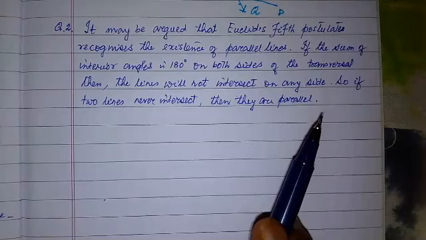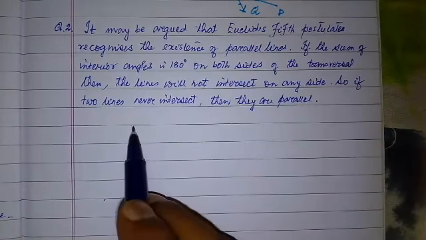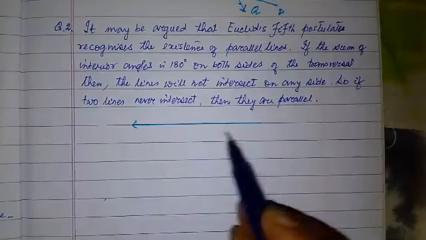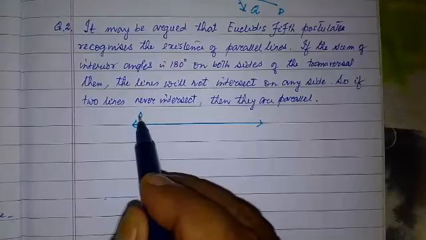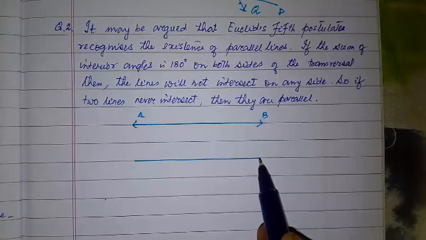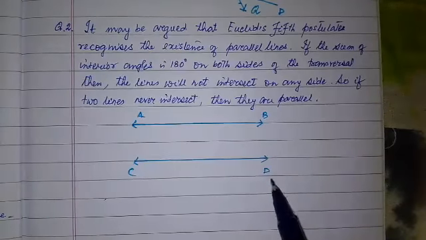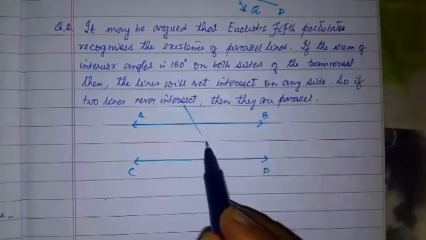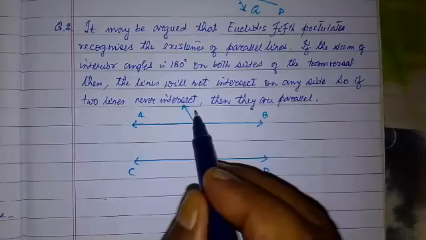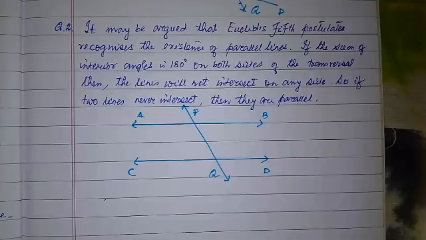If the sum of interior angles is 180 degree on both sides, that is AB is a straight line and CD is another line, and this is the third line PQ intersecting the first two lines.